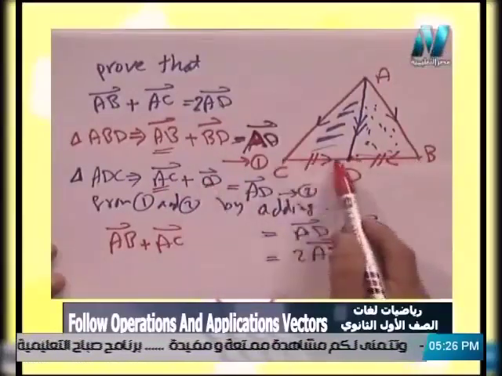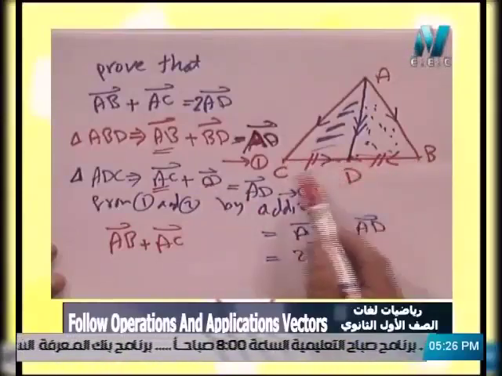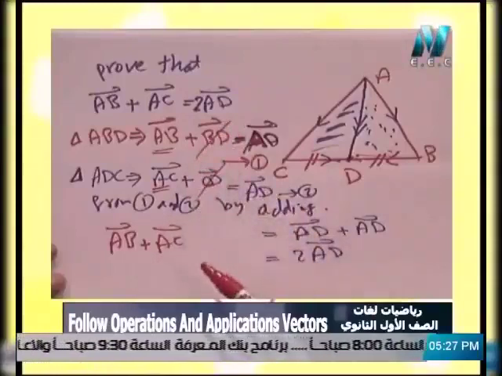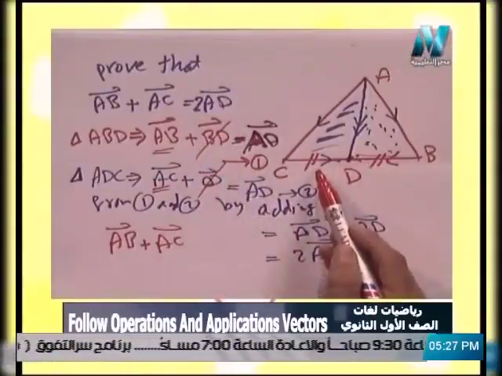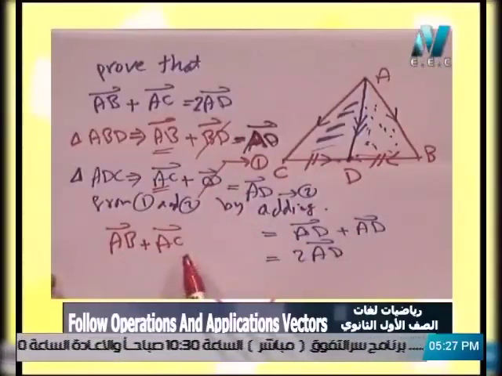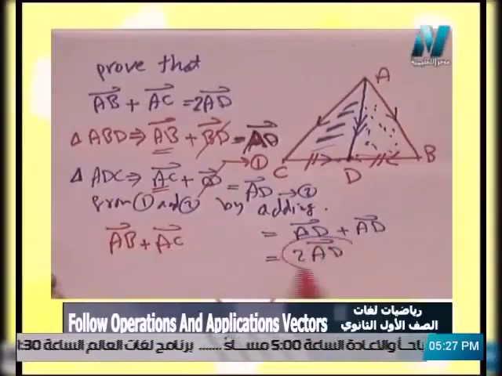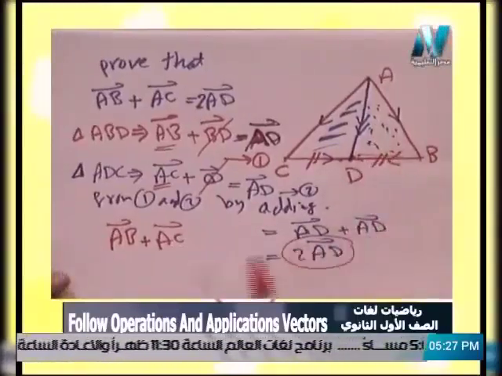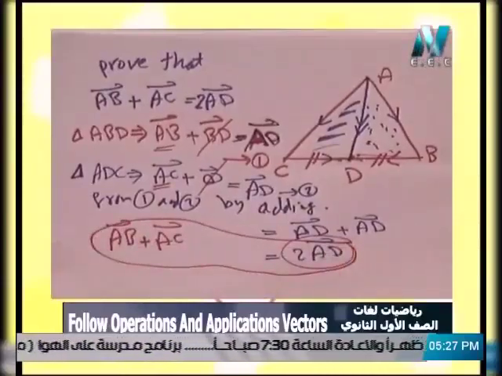They are two vectors opposite in direction and equal in magnitude, so we can cancel them because one of them equals negative the other. So the final answer will be the vector AB plus the vector AC equals double the vector AD. Okay, this is the final equation.